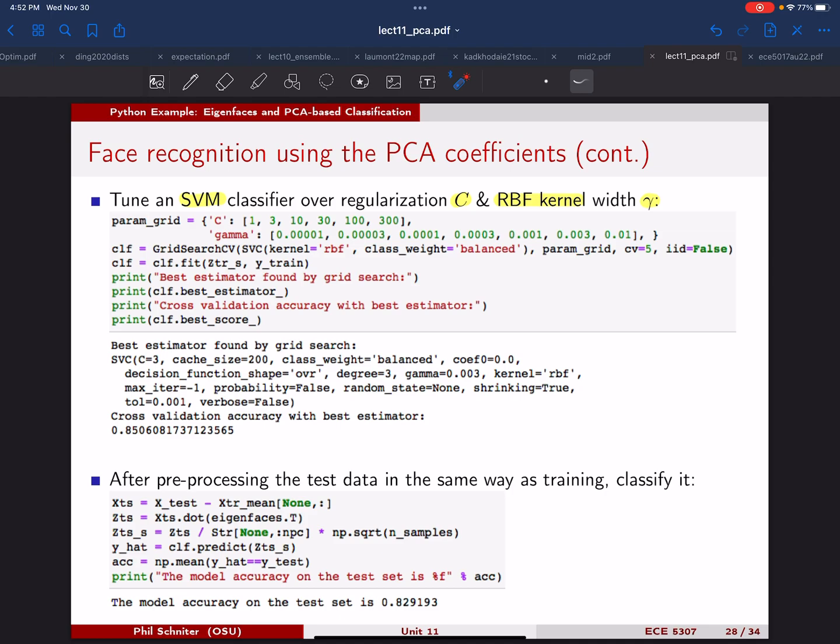Now, you might say, well, how does this compare to not doing any PCA approximation? That's a good question, but that would take a long time, because when you do these grid searches, as you probably know, with the SVC, it can take a long time, right? And with our original data, the features are just that much bigger.